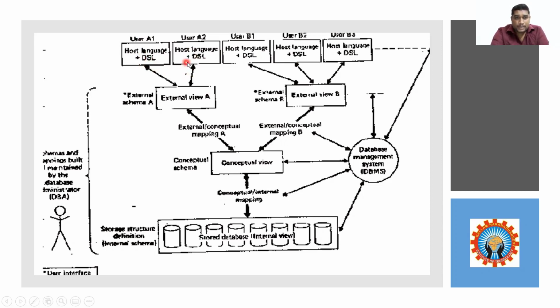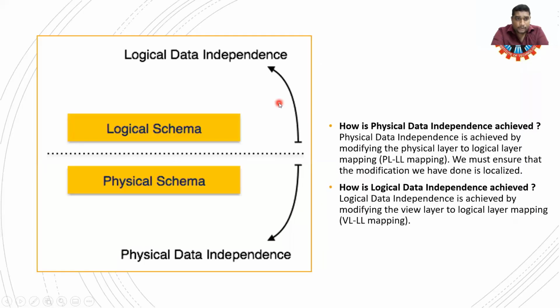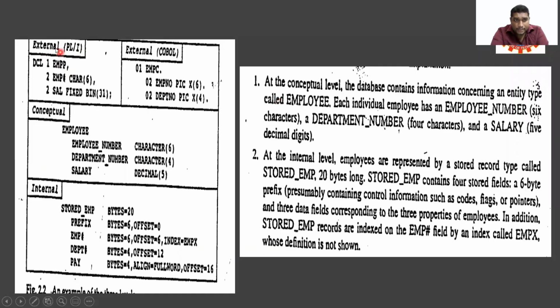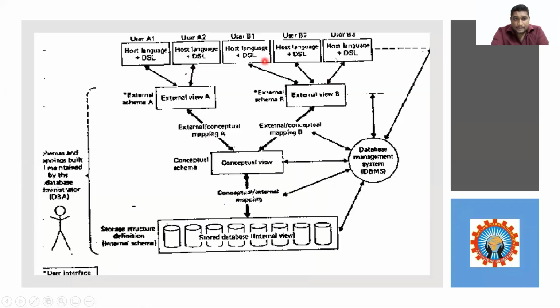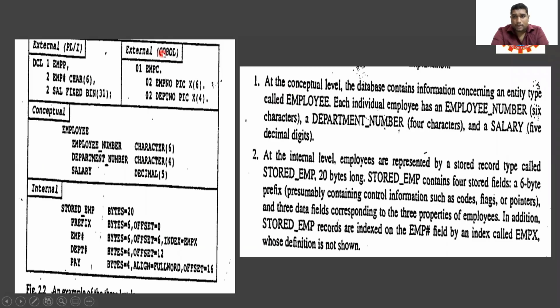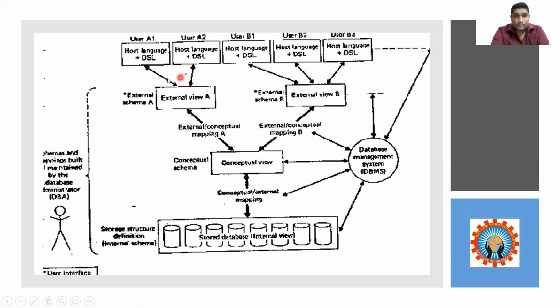Okay, these two persons are using the programming language called SQL. Remaining three persons are using the language called COBOL. Okay, now you understand. These two are using PL/SQL. So grouped as external view A. These three are remaining. So grouped as external view B.